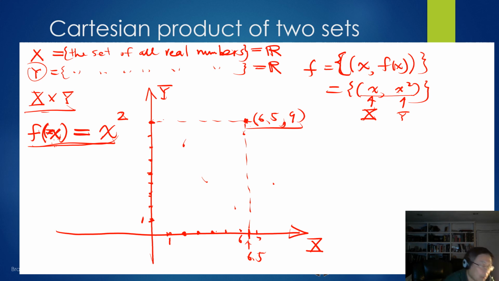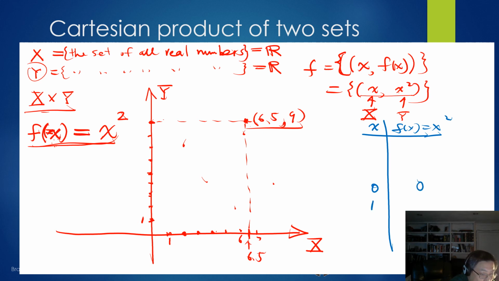Let's switch to a different color so I can draw the function. If I pick x equals 0, what is f of x? 0 squared is 0.